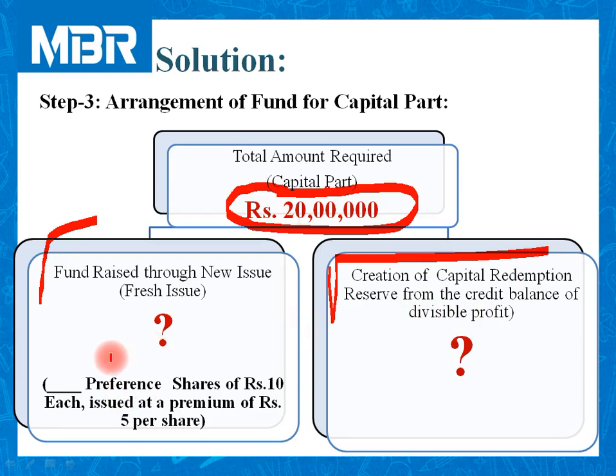As per information given by the examiner, we need to issue adequate numbers of preference shares of rupees 10 each, issued at a premium of rupees 5 per share. How many shares are issued by the company? That is not given. It means we need to calculate on our own.